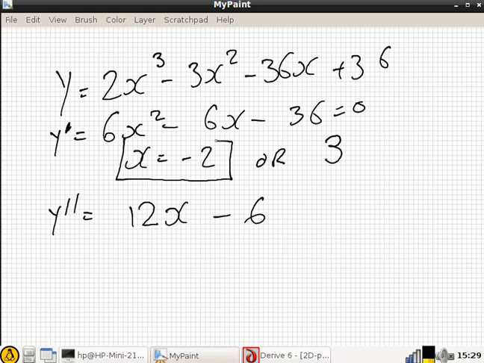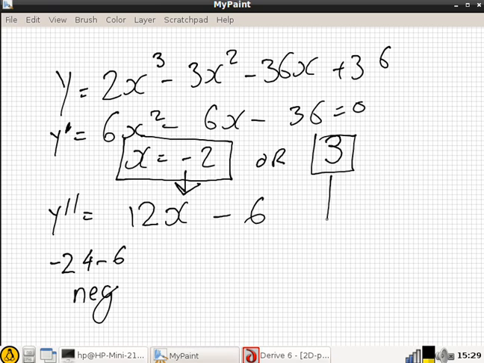If I put minus 2 in, what do I get? I get minus 24 minus 6. What's that? It's negative. Yes. And if I put 3 in, I get 36 minus 6, which is positive. So at the place of 3, it's a positive second derivative, which means it has this type of shape.